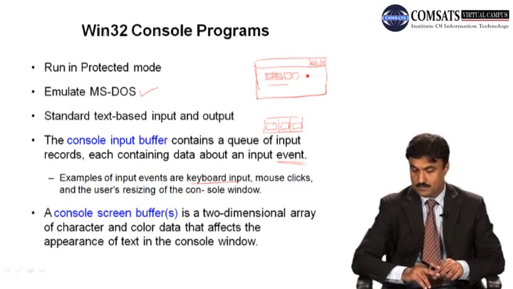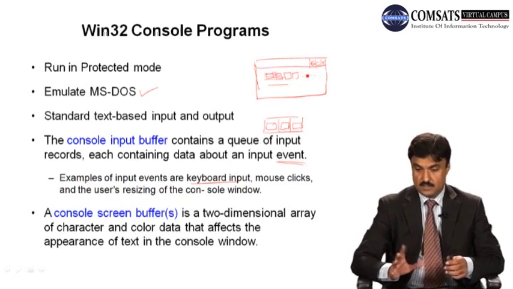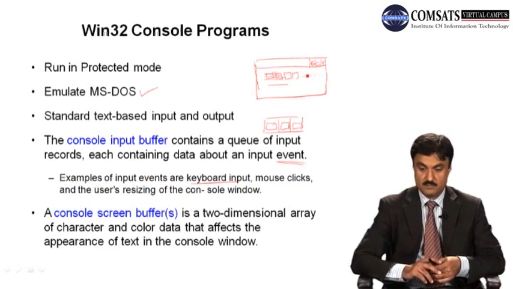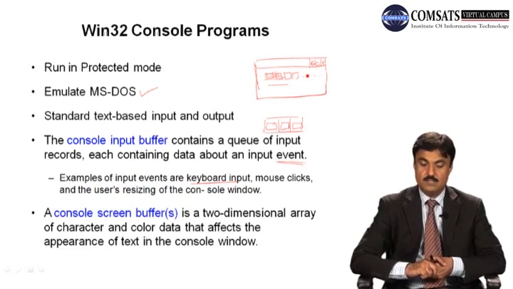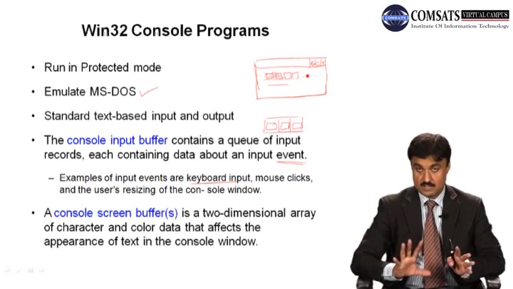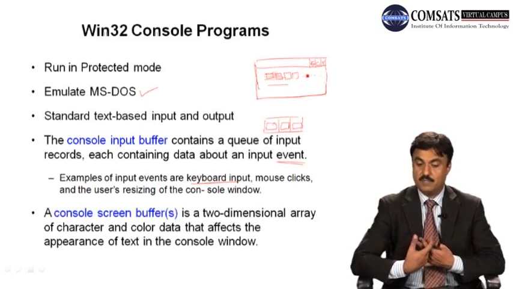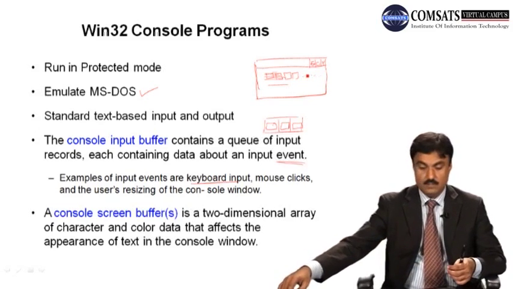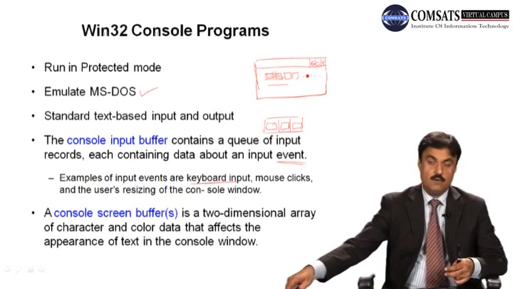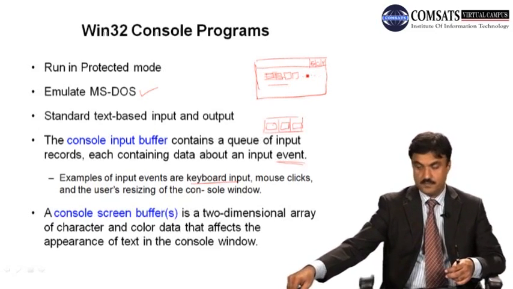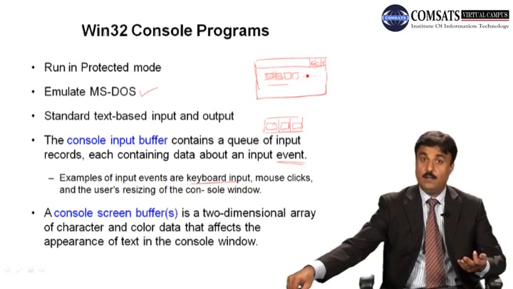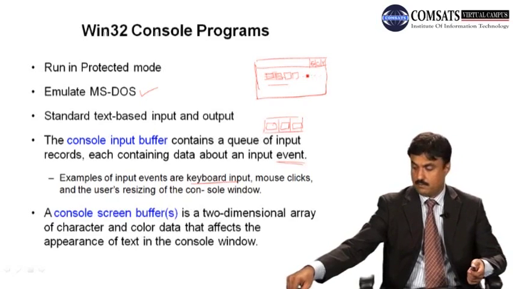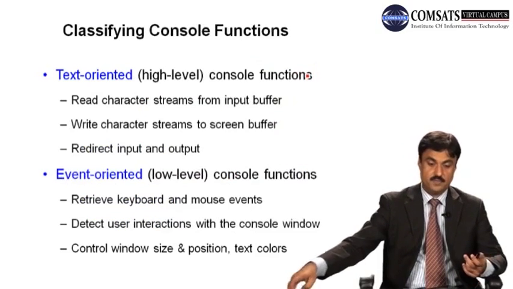We can divide the whole screen into multiple buffers and windows, and you will see in the next few lectures how. For now, just get an idea that there are two buffers, an input buffer and a screen buffer, and we will use them when we write programs for input and output. The input can be text, or events of the keyboard or mouse clicks.